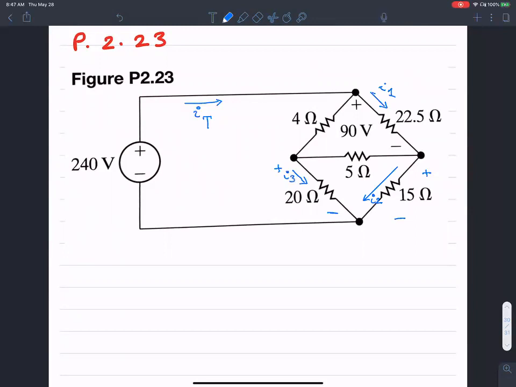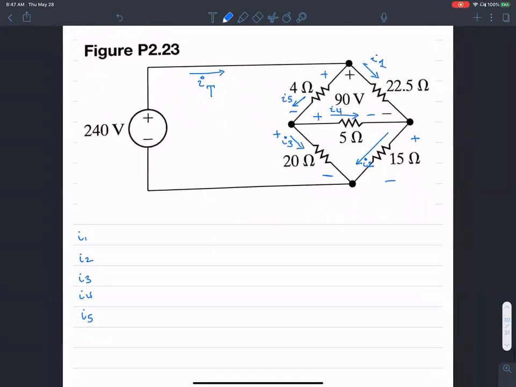Then positive, negative here, and positive, negative over here. I'll call this I4, and this one I5. So there are a bunch of unknowns: I1, I2, I3, I4, I5, and I total.